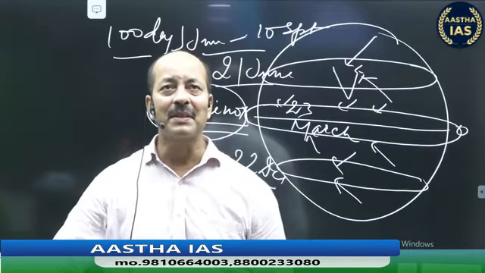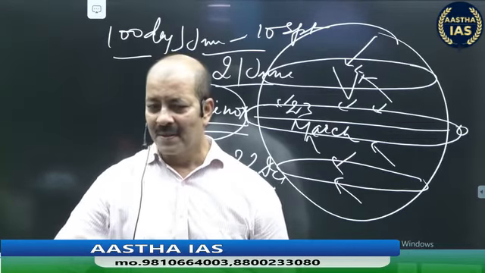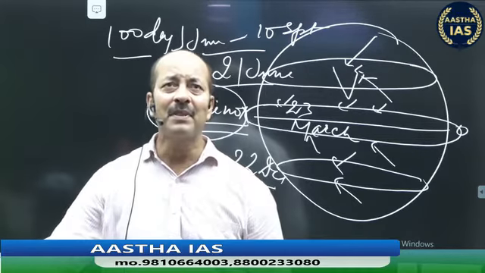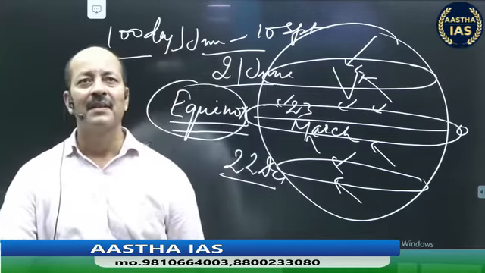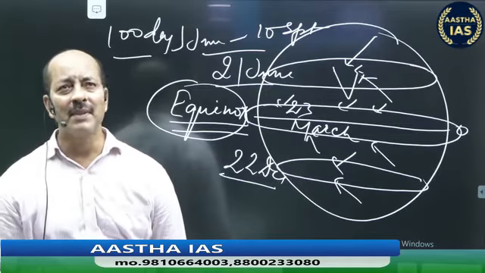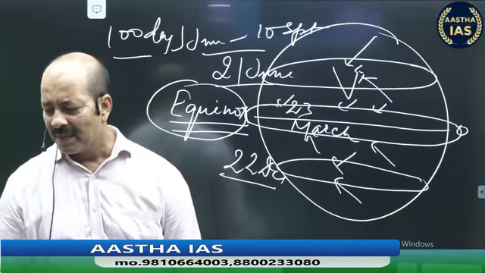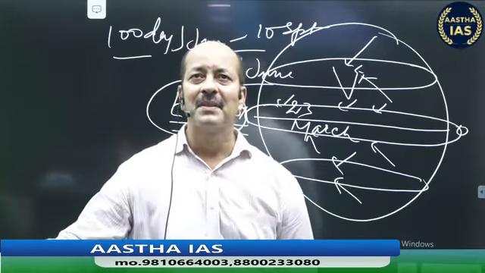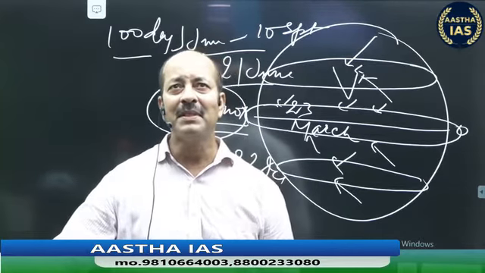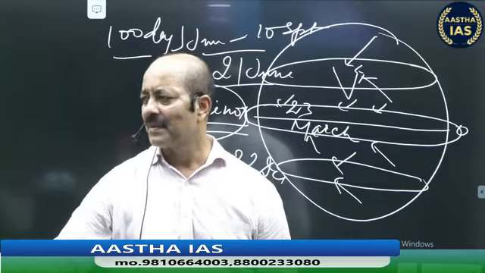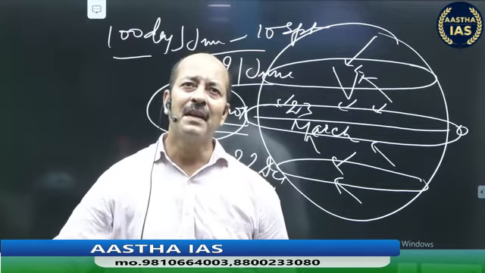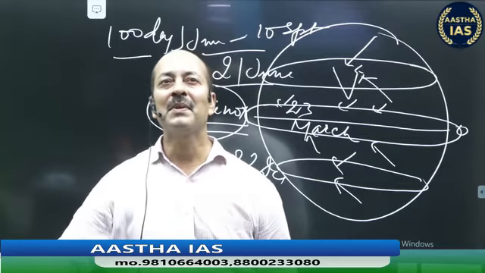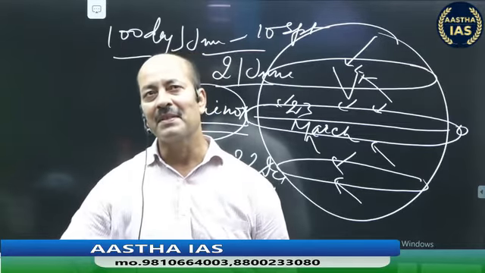There is a season change and the sun rays shift from equator to tropics. Due to this process, the convergence takes place.